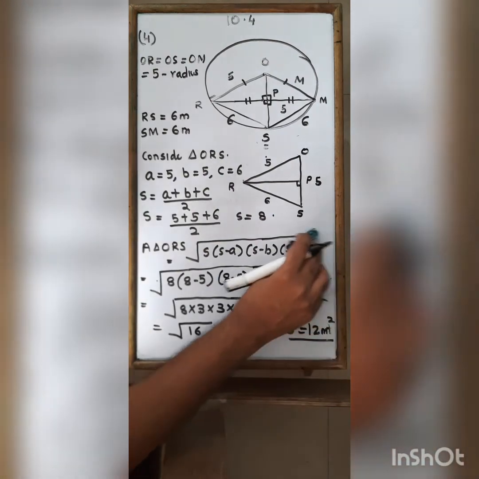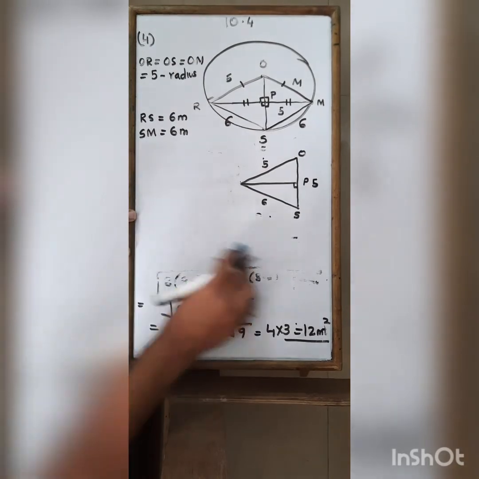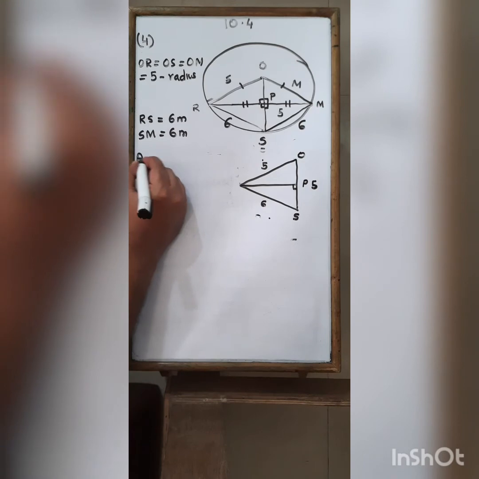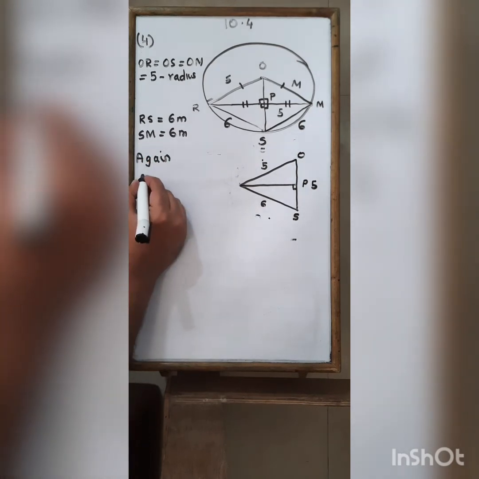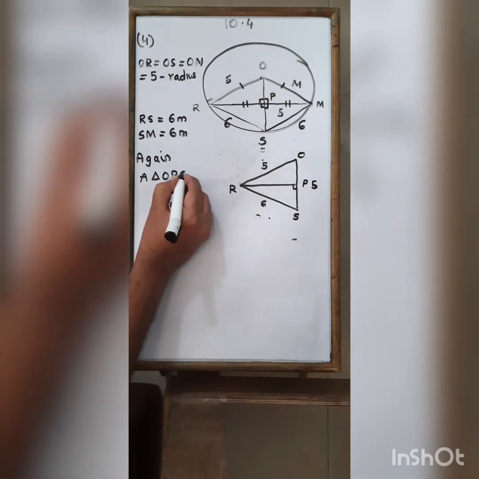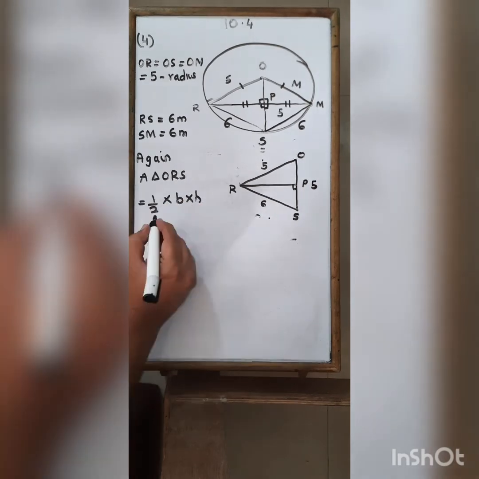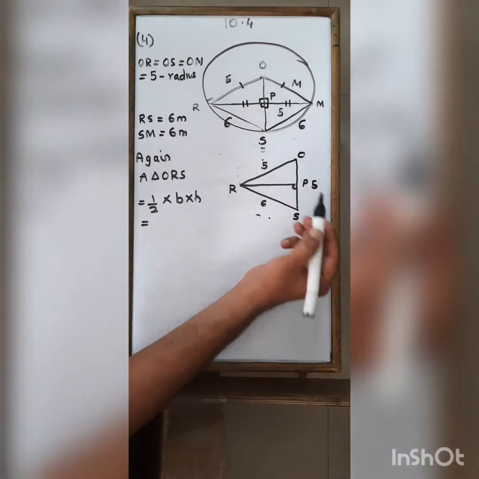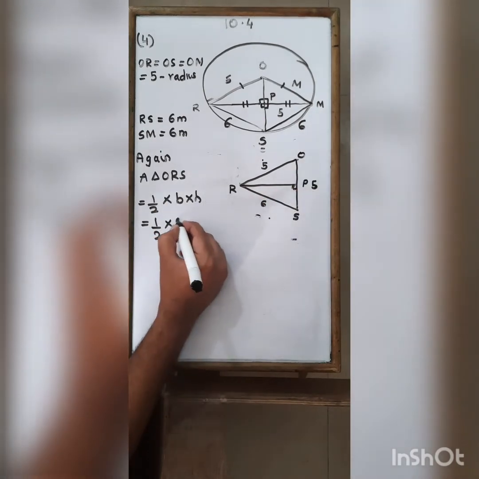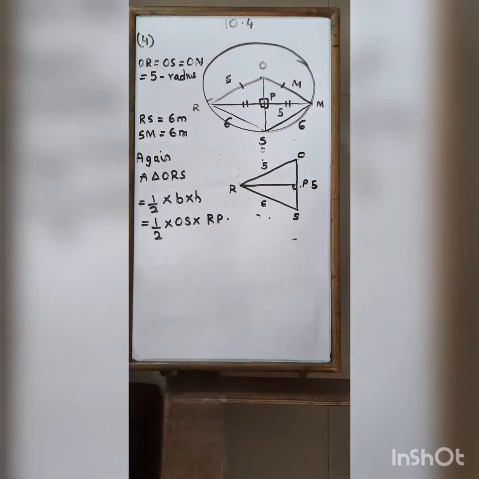Now I will find the area of this triangle by a second method. Can I say area of triangle ORS is equal to half into base into height, right? If RP is the height, this 90 degree one, then OS becomes the base. So half into OS multiplied by height, and height is nothing but RP.